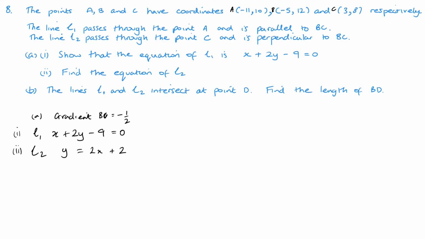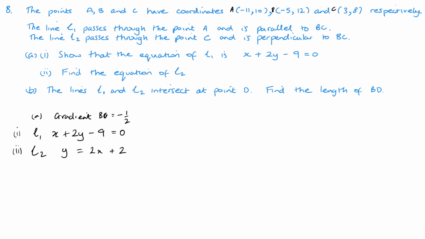Now, L1 and L2 intersect at point D. So we need to find their intersection and find the length of BD. Okay. So finding D first. Now, if we look here, this is a y equals. So what we can do is we can substitute this into here, replacing the y.